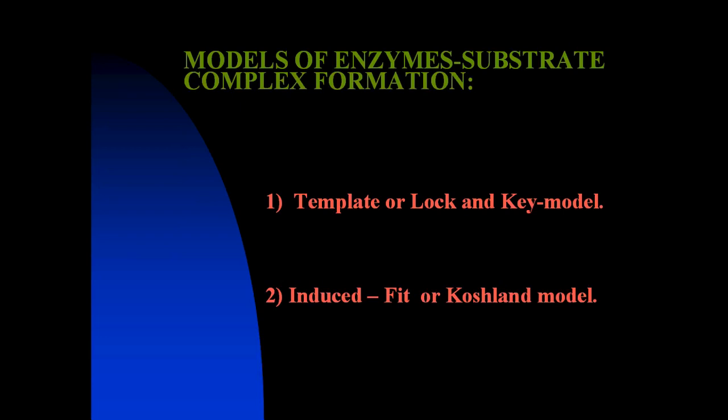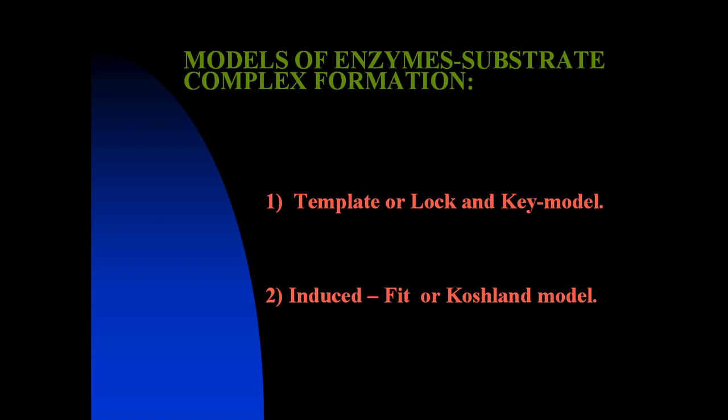Now, the models of enzyme-substrate complex formation. These interactions have been described basically of two types. Number one, the template or lock and key model, and number two, the induced fit model or Koshland model.